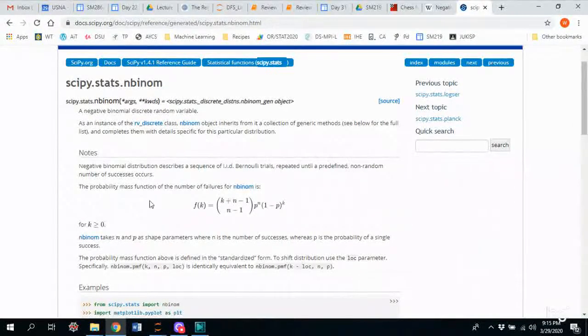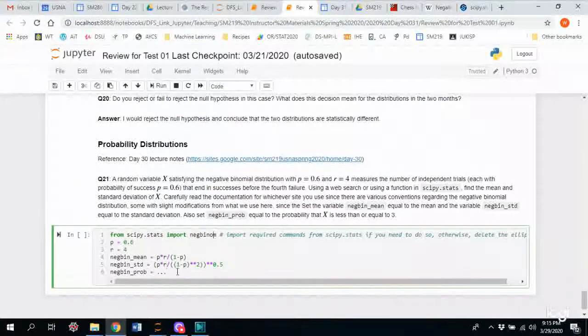So they're calling these parameters n instead of r, and p, we're using 1 minus our p. So it's a bit complicated, but it's nbinom, and then we want nbinom.cdf, and I'll explain that in a moment. We want k equals 3, and we want n equals 4, and p equals 0.4.